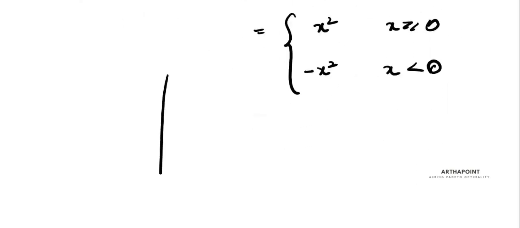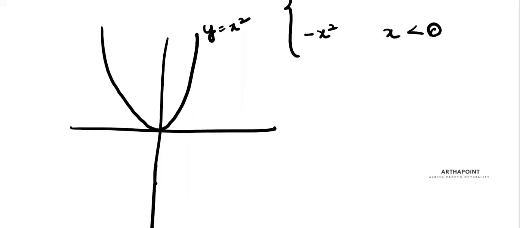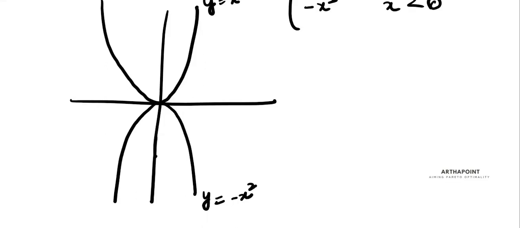Now notice this. This is y is equal to x square. Whether x is negative or positive, it is always positive. This is y is equal to minus x square. Y is always negative, whether x is positive or negative.